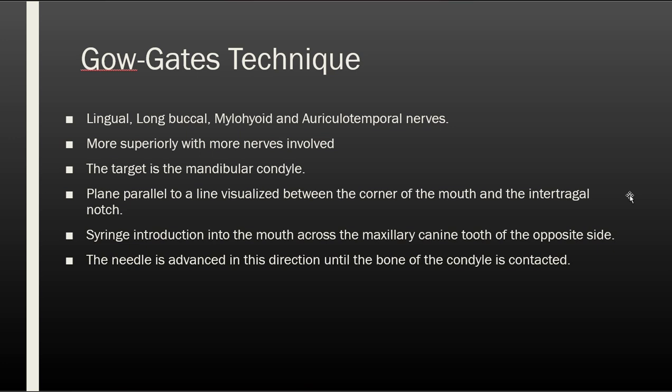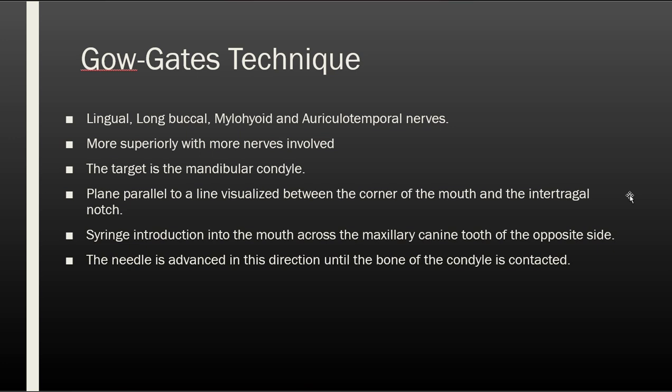Sometimes, if we want to anesthetize the whole mandibular nerve, we can go for the Gow-Gates technique. We anesthetize the lingual, long buccal, mylohyoid, and auriculotemporal nerves with the ID nerve. We go more superior and we go for the mandibular condyle. So here we don't have bone touch. Sorry, we need to contact the condyle.